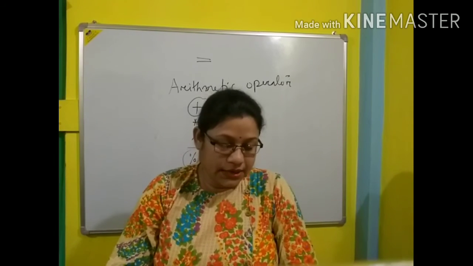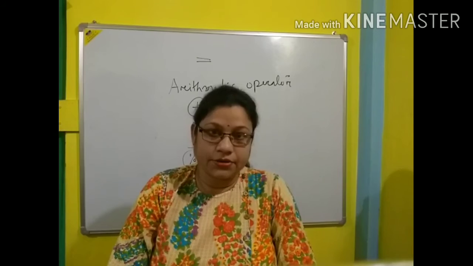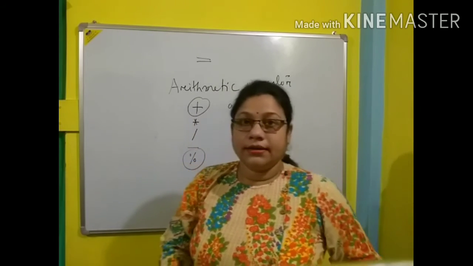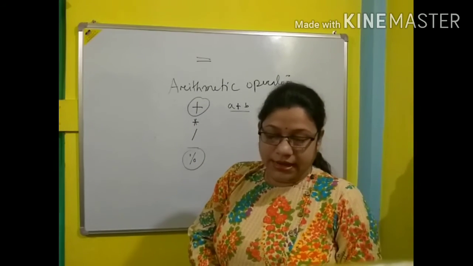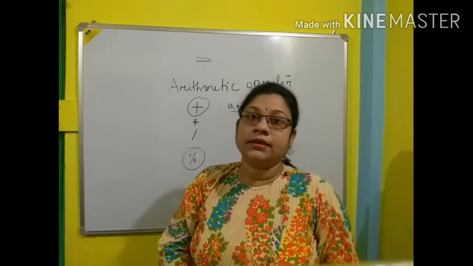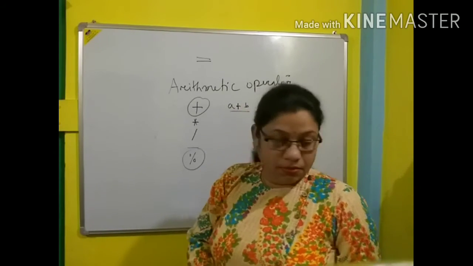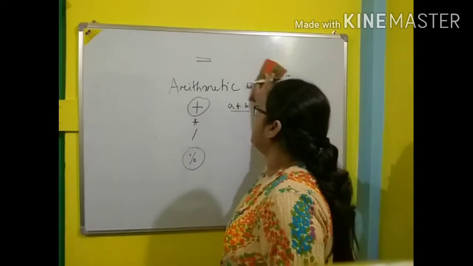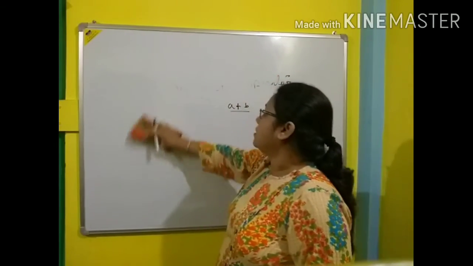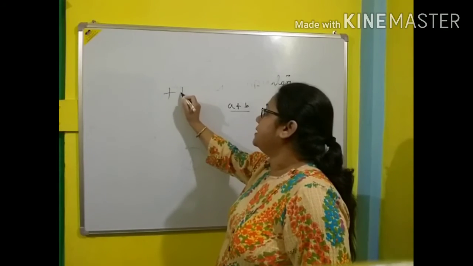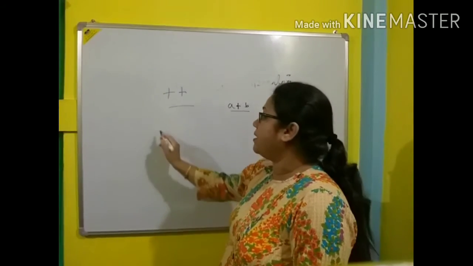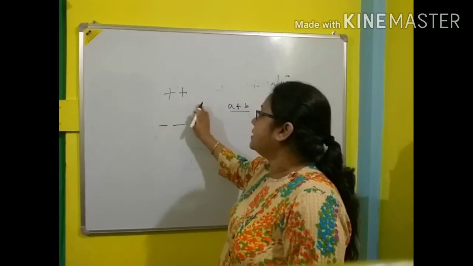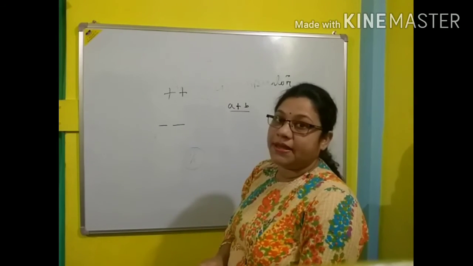After that, increment and decrement operators. These two operators are also used in C++ programs. We have already used these two operators. The plus plus operator is known as the increment operator, and the minus minus is known as the decrement operator.